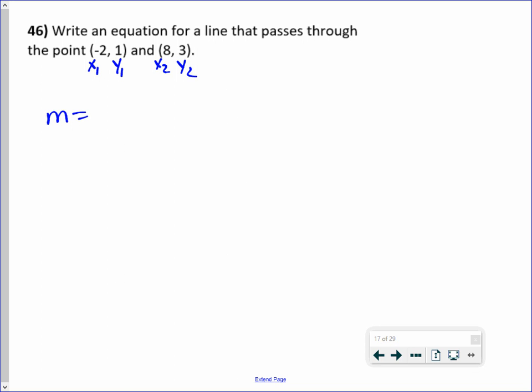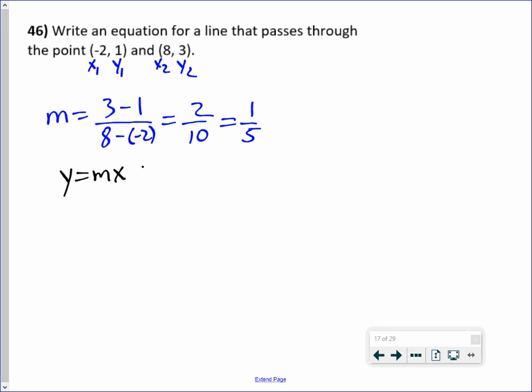M equals 3 minus 1 over 8 minus negative 2, which is 2 over 10, which is 1 over 5. So now I just use one of these points, it doesn't matter which one, and I plug in what I know to find B. So I would go, I'll use this point.